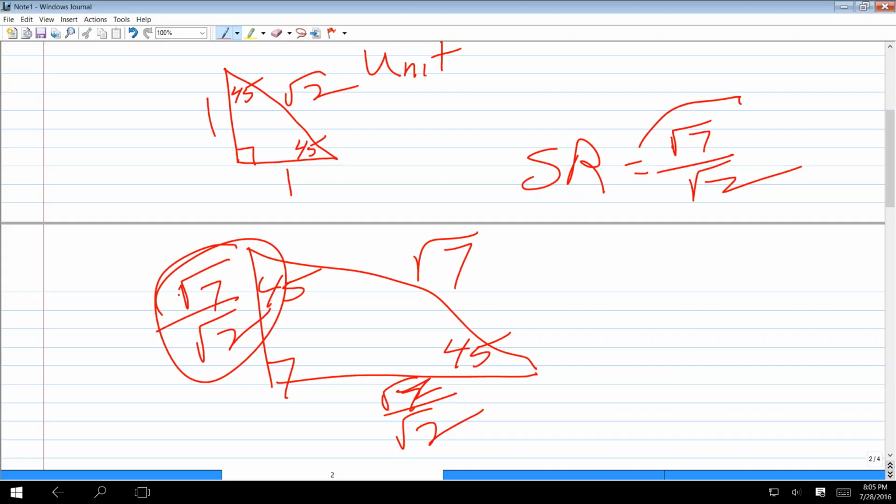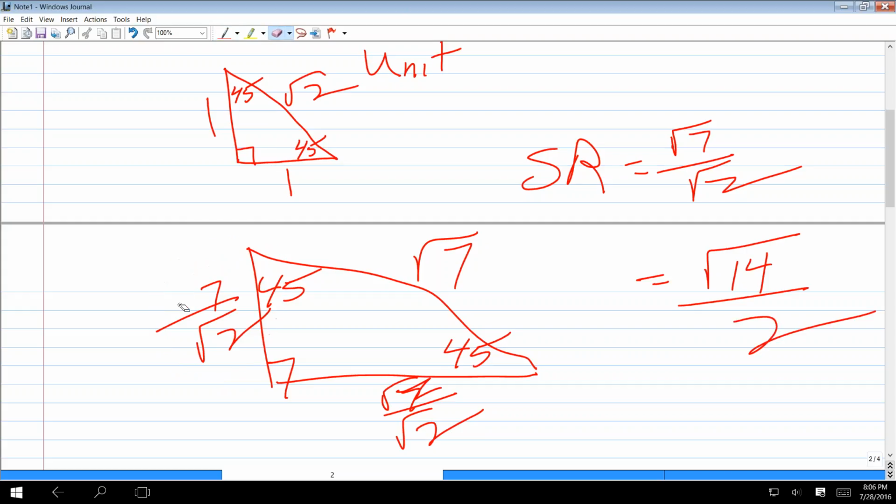That's not a very good answer. You gotta multiply it by root 2. Okay, so tell me what that becomes. It would be root 14 over 2. Very good. And that's the proper answer.